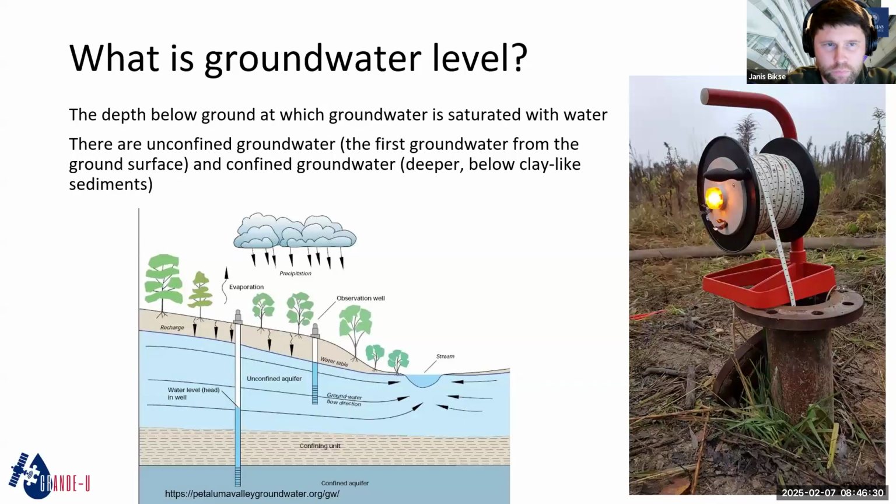What is groundwater level? Basically, it's the depth below the ground where the ground is saturated with water. The first groundwater we can reach when we are digging a hole in the ground is the unconfined aquifer, which is openly exposed to atmospheric conditions.